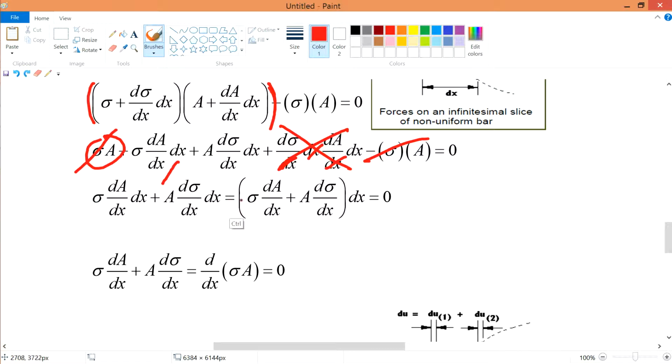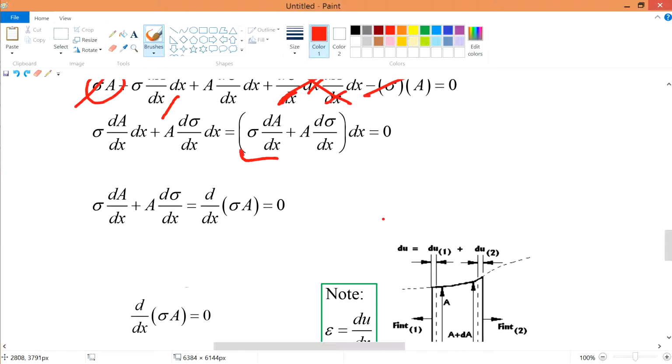Alright, and then you factorize out your dx over here, then you have this thing over here. Everything is equal to 0, still equilibrium. Alright, and then we focus on this one and bring it over here. So we factorize out the dx, and you have d over dx sigma A plus d over dx sigma A, because you're simply factorizing out the d over dx.